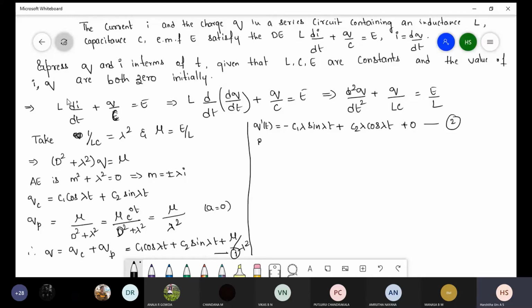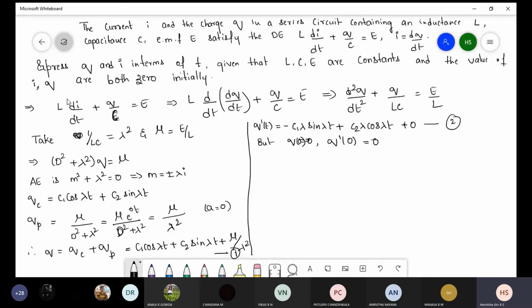But what they have given in the question, I and Q both are 0. So Q of 0 is equal to 0 and Q dash of 0 is equal to 0.